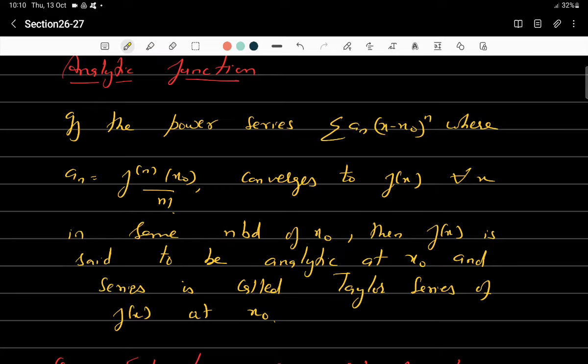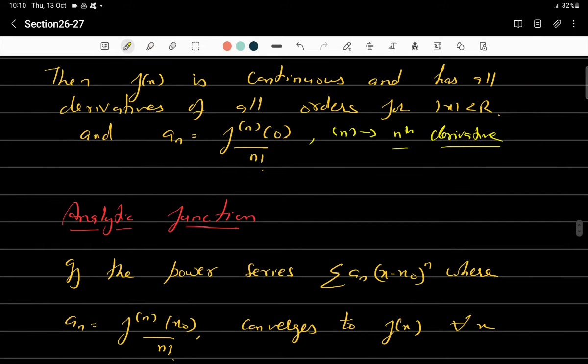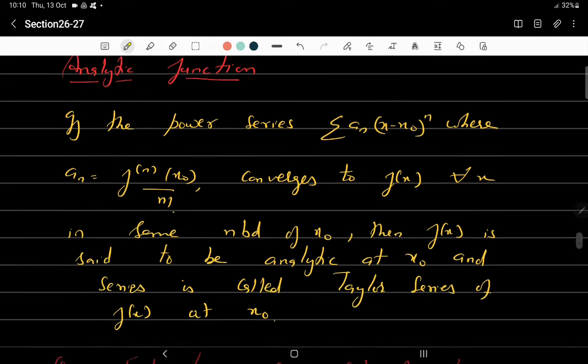So it simply means that if you want to check f of x is analytic at x equal to 0, then you have to see whether there exists a power series solution or power series expansion about x is equal to 0. And how do we find a n then? So this is representing about x is equal to 0. If you find about x is equal to 1, instead of 0 you write 1 and so on.